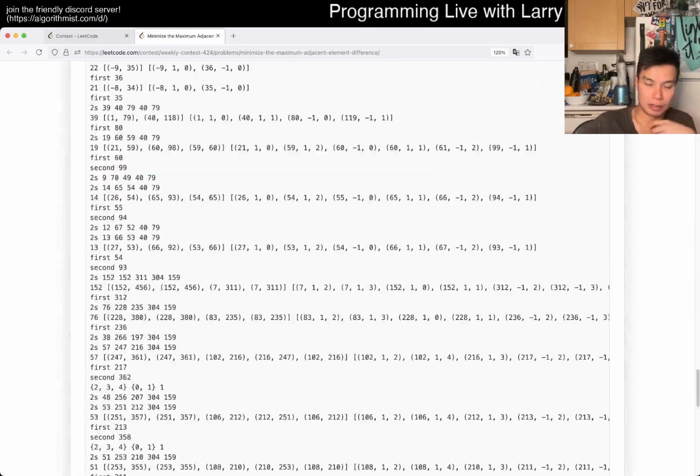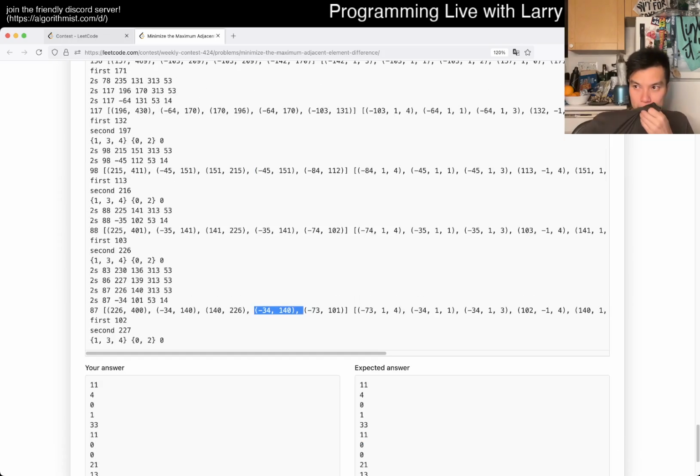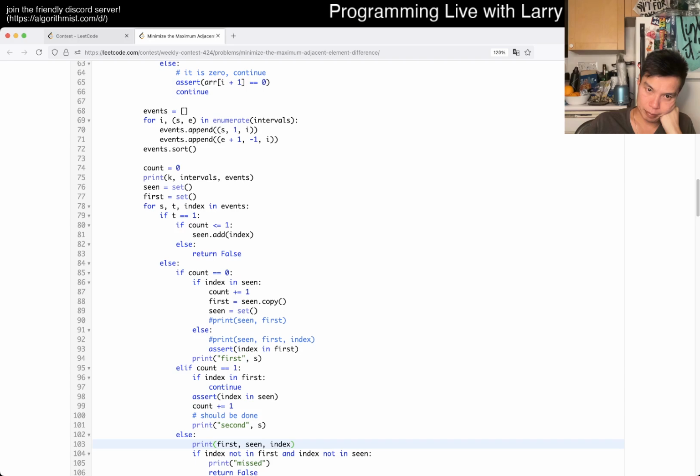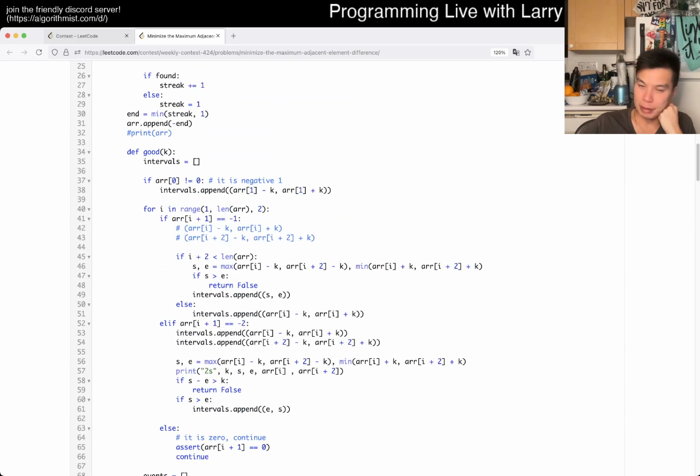I just don't know how to handle the 3-number case, I think. Or the 2-1 case. Maybe this isn't quite right. Well, one of the numbers could be there, the second one could be there, and then it has to be within thing. And then, yeah.